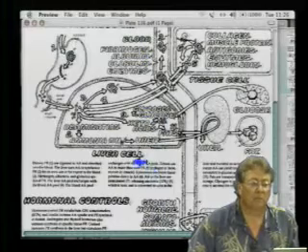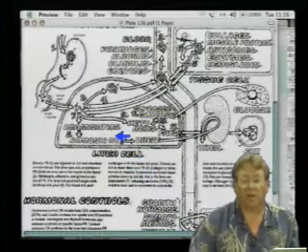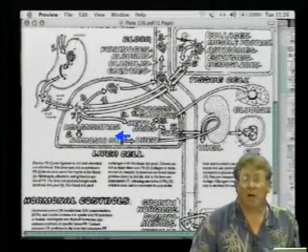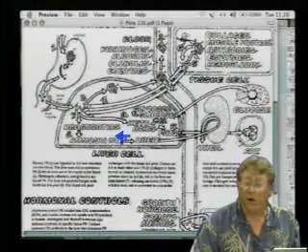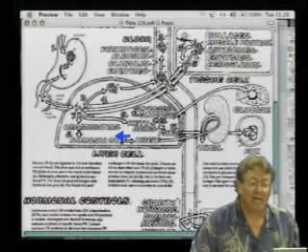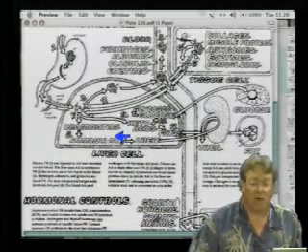Liver cell. We've talked about the liver's involvement in glycogen formation and glycogen breakdown. We also talked about its role in fat metabolism. We also see it as a primary site of protein metabolism. Not only building up of proteins, but the breakdown of proteins.